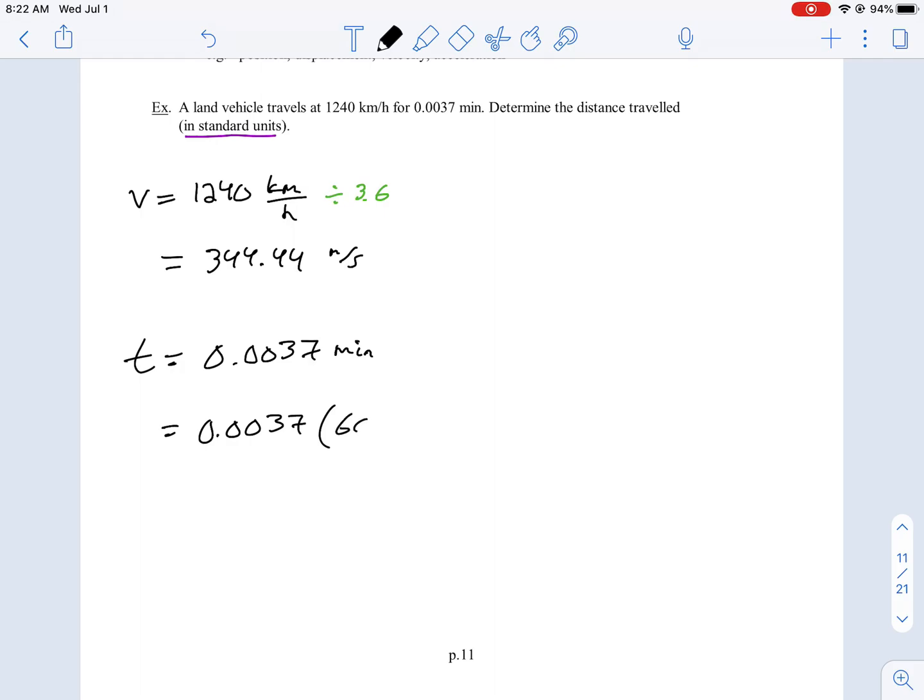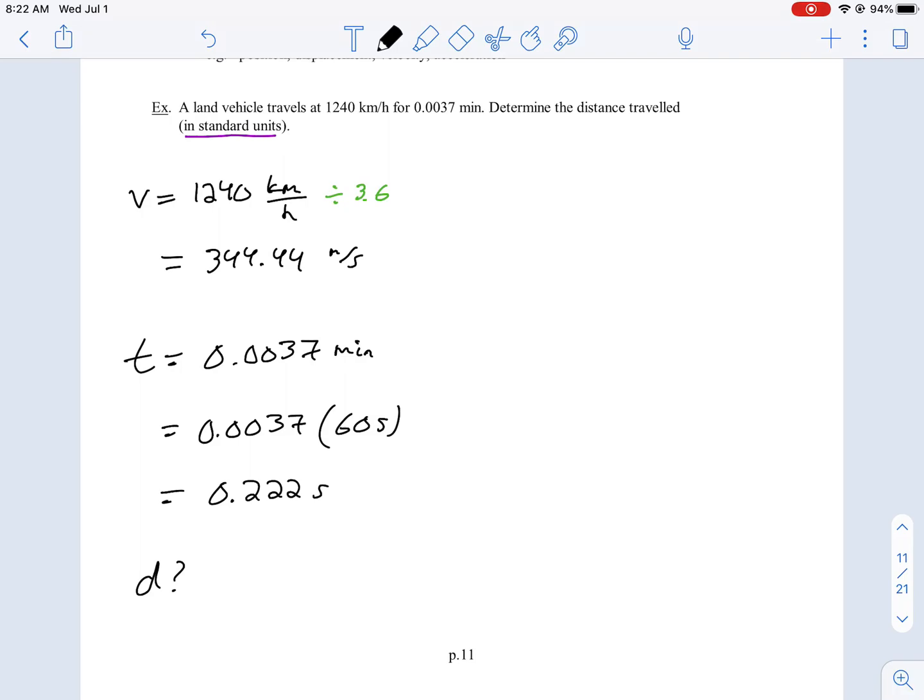Answer, 60 seconds. You can use the fraction approach as well if you'd like. That gives us 0.222 seconds. And what we're looking for here is the distance, so we'll put that with a question mark.